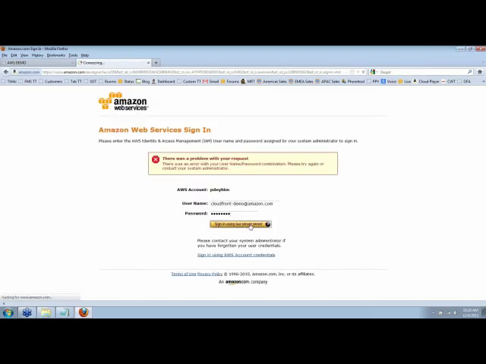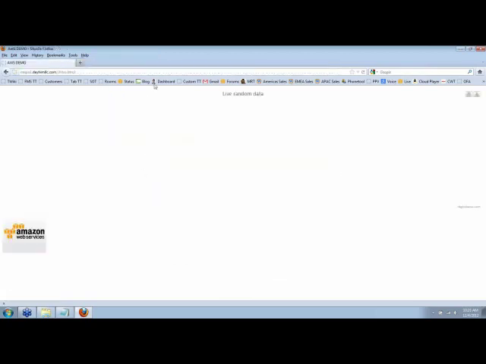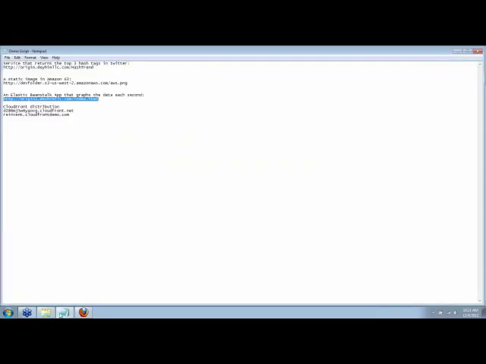What I've done is I've actually created three different distributions, three different cache behaviors. The first behavior looks for anything ending in HTML and sends it to this origin.